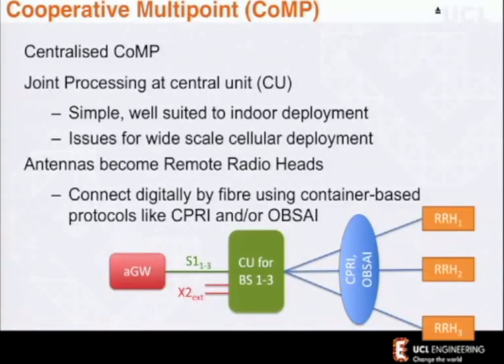But if I'm sitting in the middle, rather than being handed over from one to another, there will be a period where I'm visible to both of those base stations. The idea of cooperative multipoint is, well, can I use that information? Can I use the fact that I'm now being received in two parts of the network to give essentially additional processing? And of course you can.